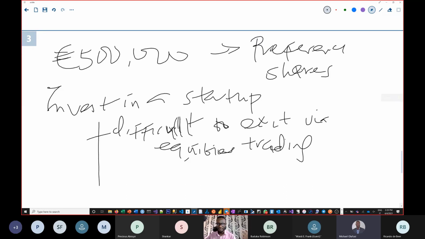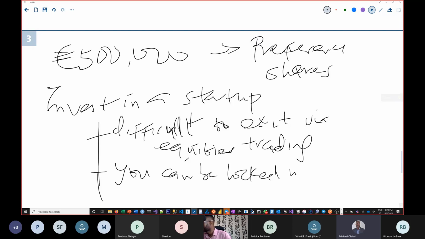It's not like the startup is listed on any stock exchange that you will be like, oh, today I feel like selling 1,000 units of my shares, and then maybe a week after you feel like buying back 500 shares. For a startup, that can be very difficult. So number two is you can be locked in for a long time.